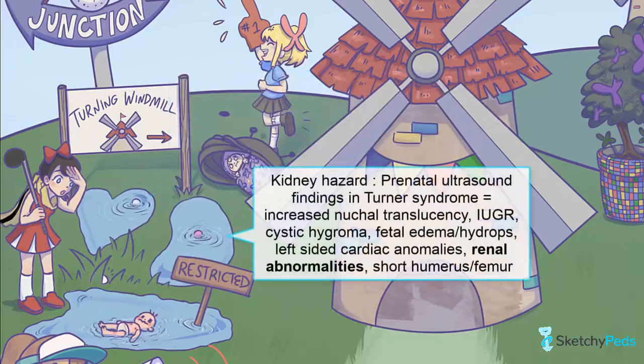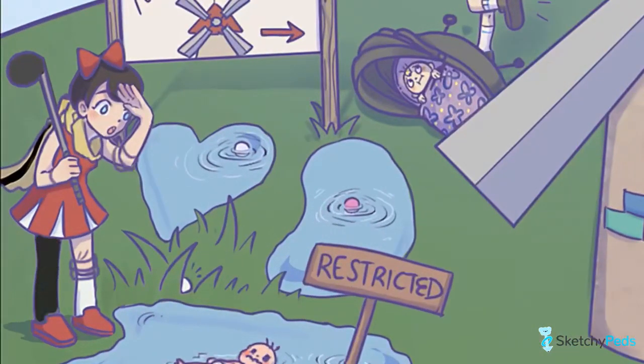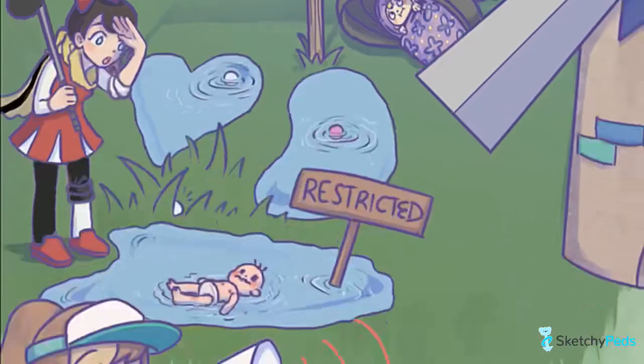Renal abnormalities, note the kidney-shaped water hazard, and shortened humerus or femur may also be present.